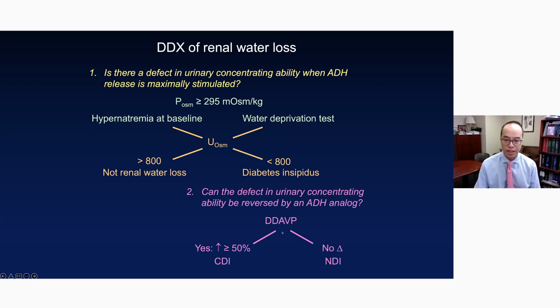And it's considered yes if the DDAVP increases the urine osmolality by at least 50%, and no if it doesn't increase by 50%. So in this case, the urine osmolality did increase by more than 50%, so that indicates that the renal tubules are responsive to vasopressin. Therefore, the defect must be that there was inadequate vasopressin release, which is the definition of central diabetes insipidus.